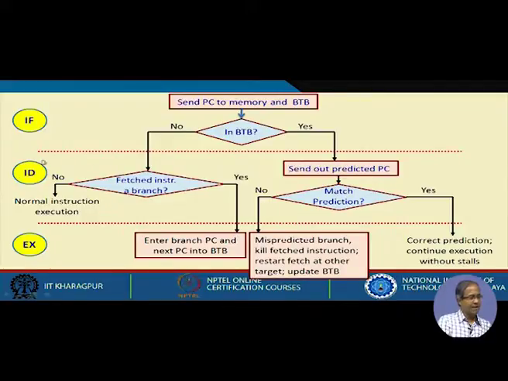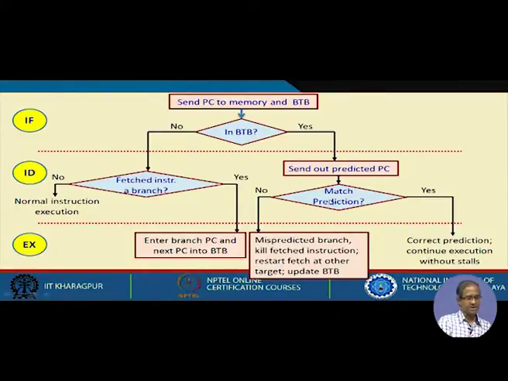At the end of the ID, the instruction which was fetched will also have completed the decoding process. So, then you also know whether the prediction and the decoding of the instruction are matching or not. If the predictions match, which means the predicted PC value you are using is the correct prediction, you continue execution without any stalls.